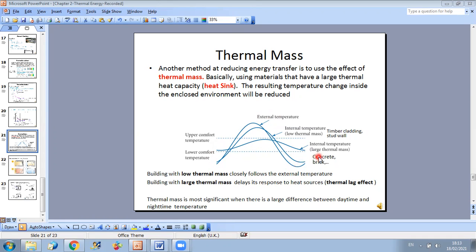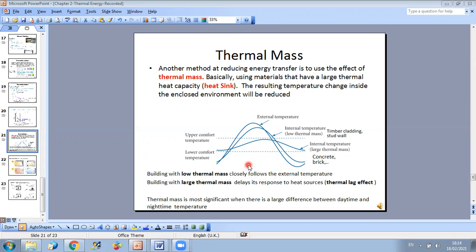While on the other hand, when we use large thermal mass, we can see that all temperatures during the whole day are between the low comfort temperature and the upper comfort temperature, maintaining a comfortable effect during the whole day.